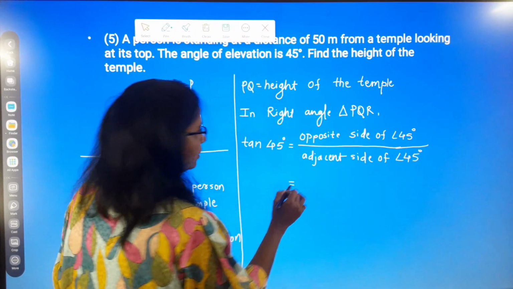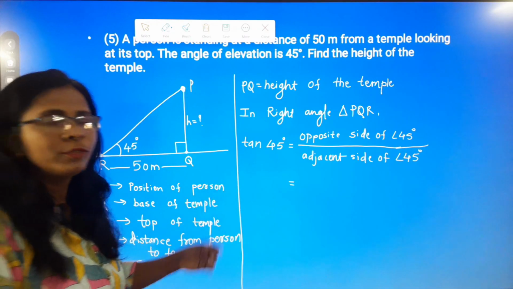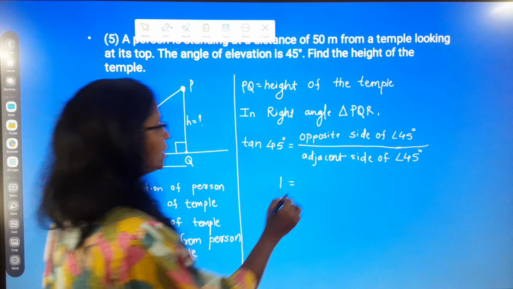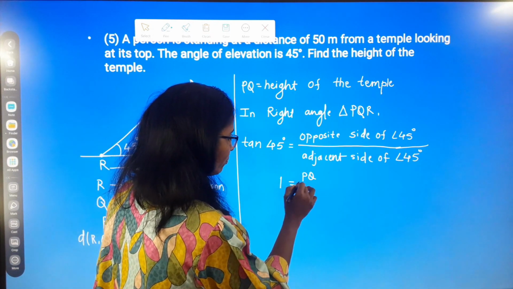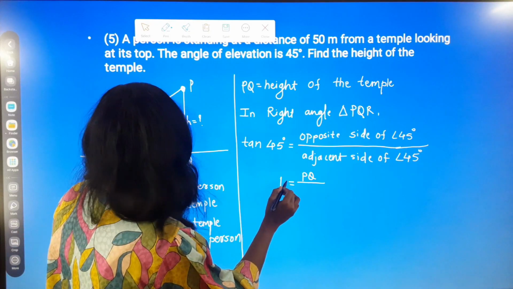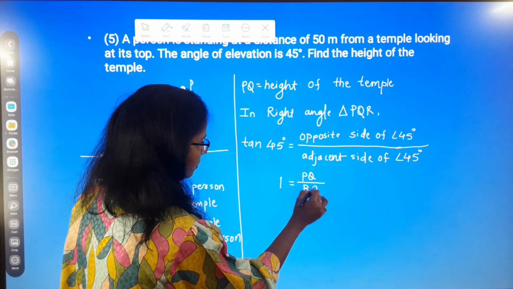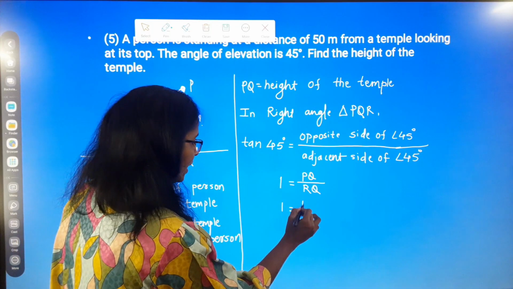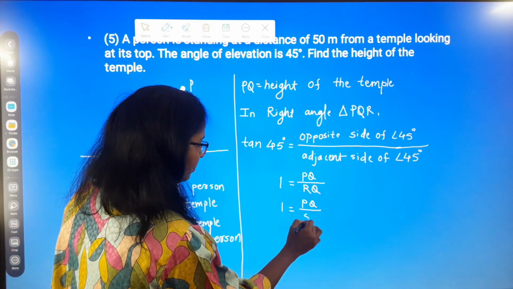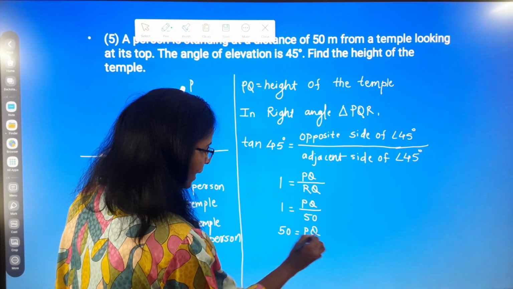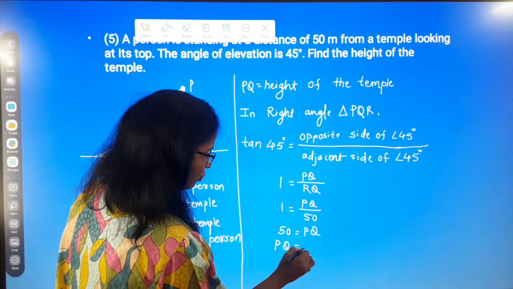So that means here tan 45 is equal to 1, opposite side of angle 45, that is PQ, and the adjacent side of angle 45, that is RQ. So 1 is equal to PQ upon 50. So here 50 is equal to PQ, that means PQ is equal to 50.